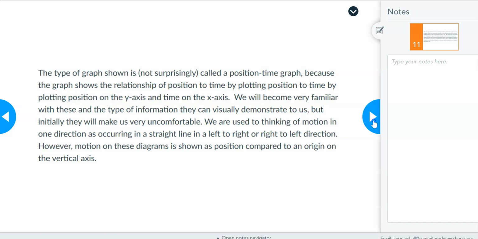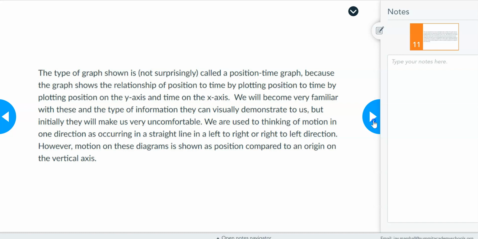The type of graph shown is a position-time graph because the graph shows the relationship of the position to time by plotting position on the y-axis and time on the x-axis. I'll need to go back and modify that sentence a little bit. We'll become very familiar with these and the type of information they can visually demonstrate to us, but initially they'll make us very uncomfortable.